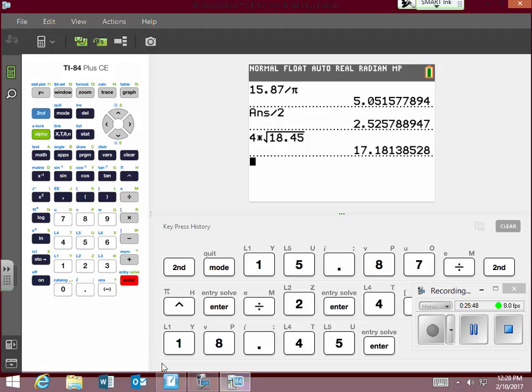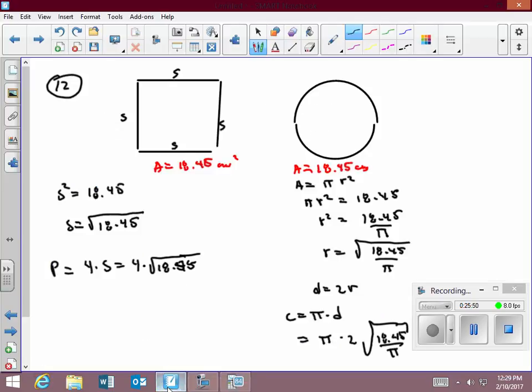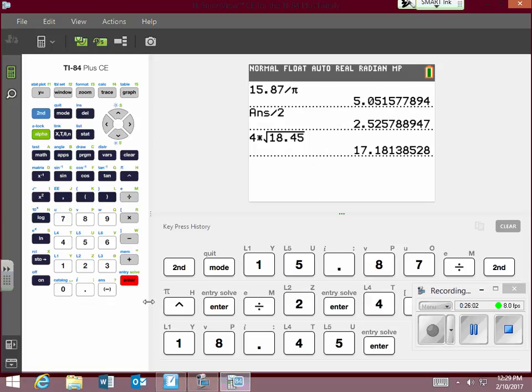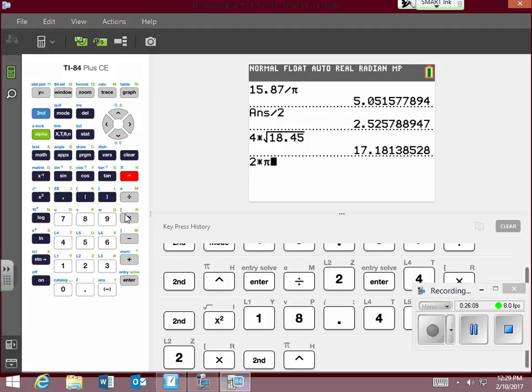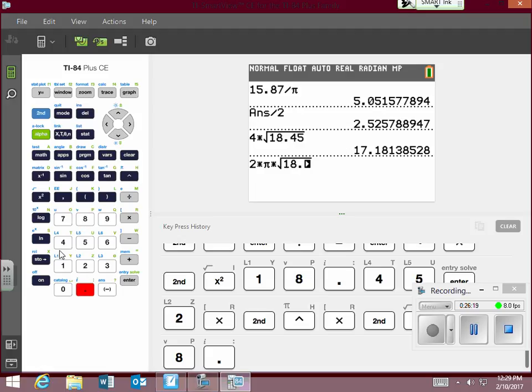And then the other one is going to be 2 times pi times the square root of 18.45 over pi.